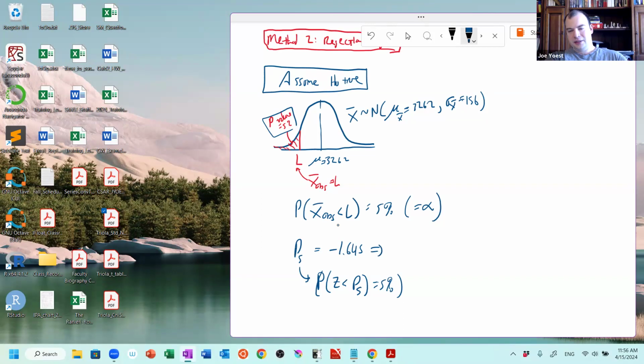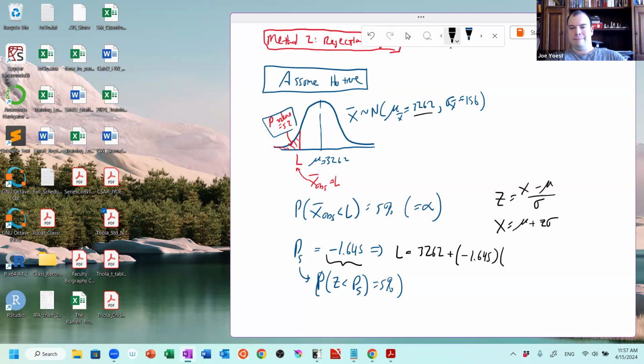But I also know that Z equals X minus mu over sigma, or that X equals mu plus Z sigma. So if I want to find my associated X index or my L, it's going to be the mean of the distribution 3262 plus Z. The associated Z index is negative 1.645 times the standard deviation of this distribution, 156.